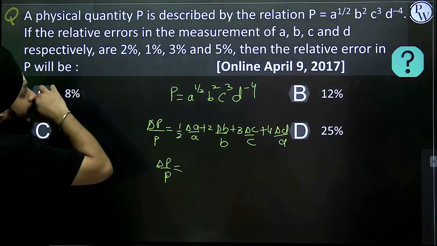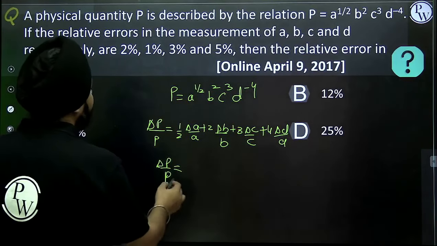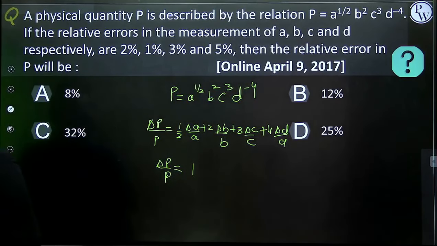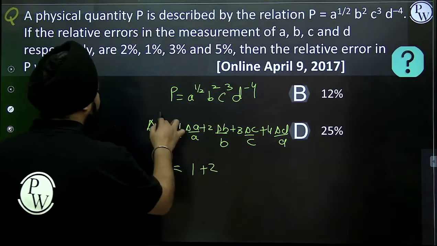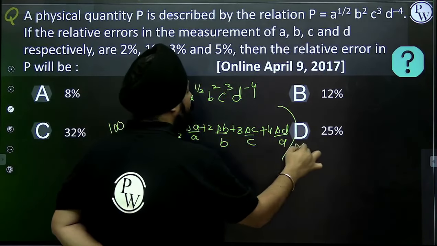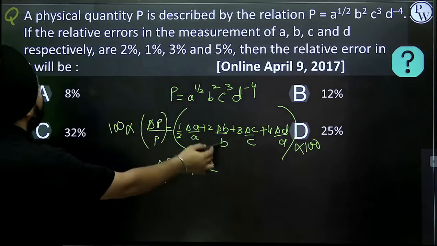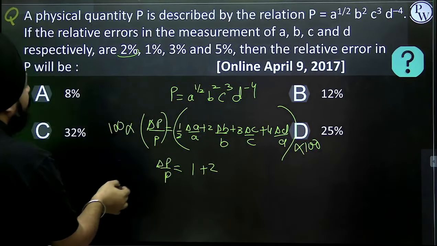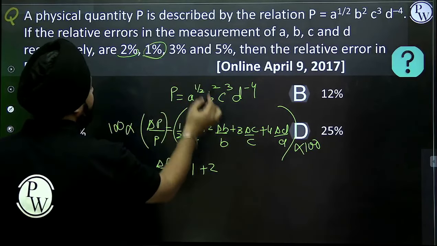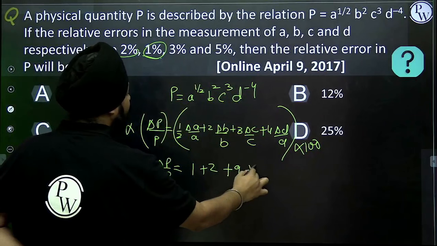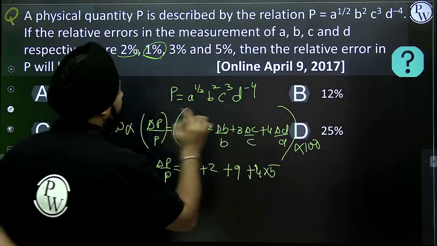A is having the percentage error of 2, so this will be 1. B is having the percentage error of 1, so this will be 2, on multiplying both sides by 100, so this converts into percentage error. C is having the percentage error of 3, and D is having the percentage error of 5.